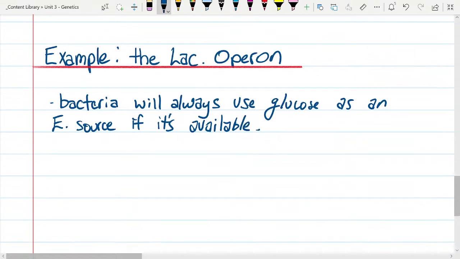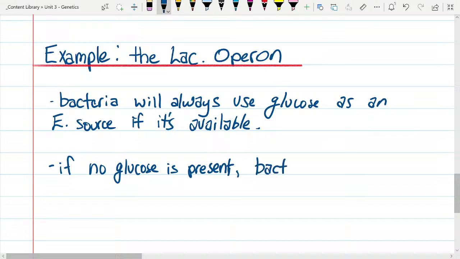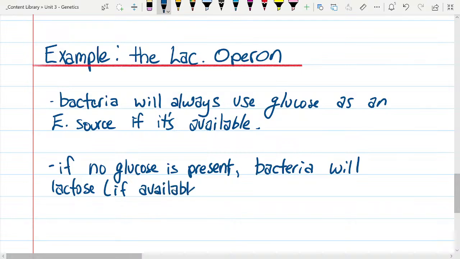But if no glucose is present, bacteria will use lactose if available, for energy.